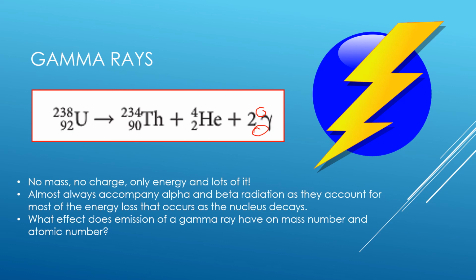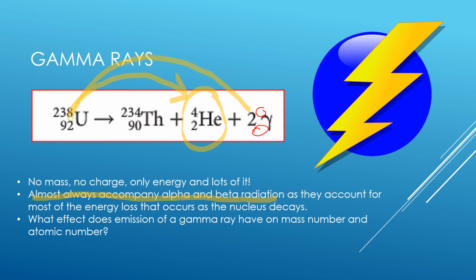Gamma rays almost always accompany alpha and beta radiation and account for most of the energy loss. So we're just going to add here that they almost always accompany alpha or beta radiation. And you'll see here, this nucleus is emitting, or giving off, that alpha particle.